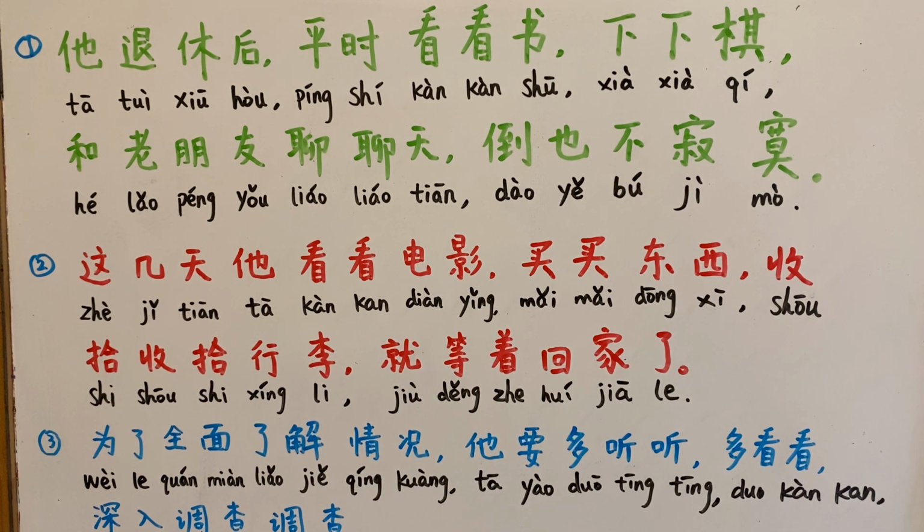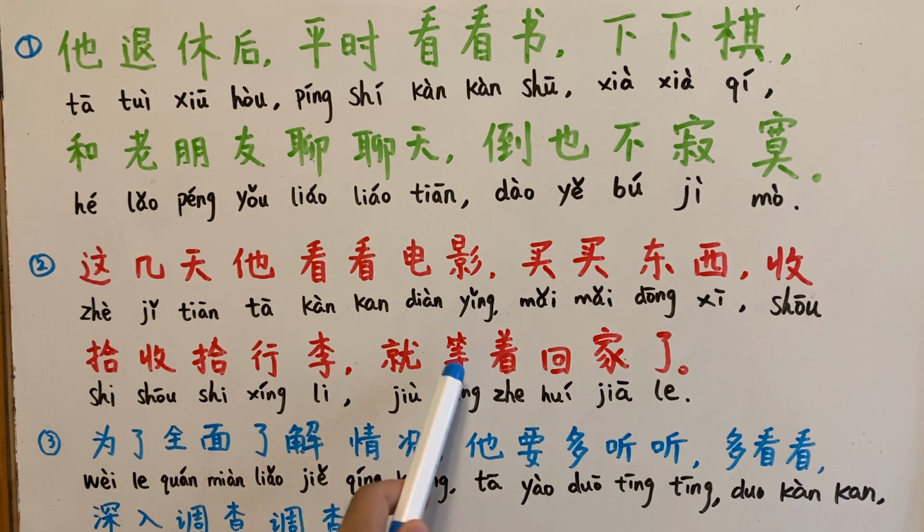But 收拾收拾行李, the verb reduplication gives you the feeling that I'm not in a hurry. I'm not rushed to go. I'm not rushed to leave. I have a couple of weeks ahead of me, right? Today I just pack my underwear. Tomorrow I pack my shirts, right? You know what I mean?